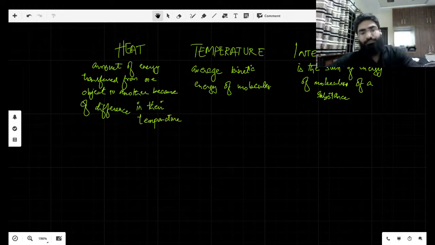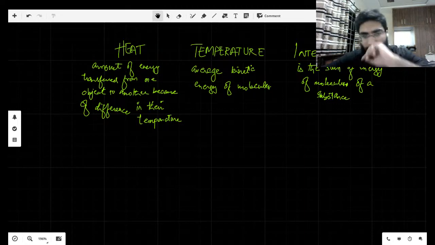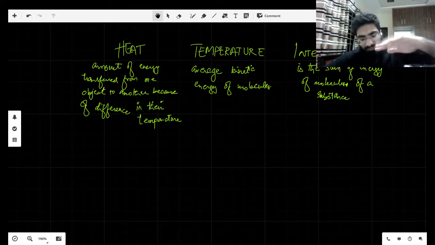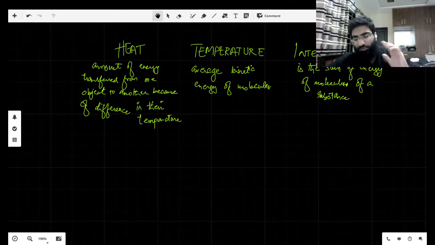All right. And from the previous chapter, we know that wherever there is higher energy, it would result in higher temperature, and lower kinetic energy would result in lower temperature. The second thing we know is that from bodies of higher temperature, heat flows towards the bodies of lower temperature.